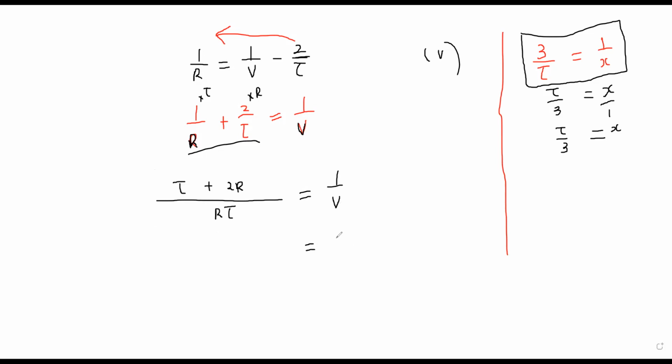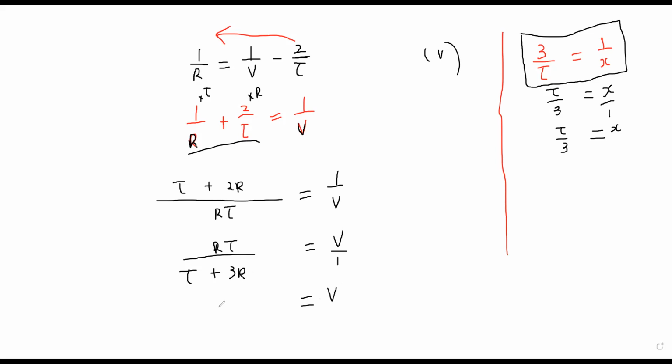If we flip this side, we get v upon 1, which is the same thing as v. And we flip this side, we get RT upon T plus 2R, right?